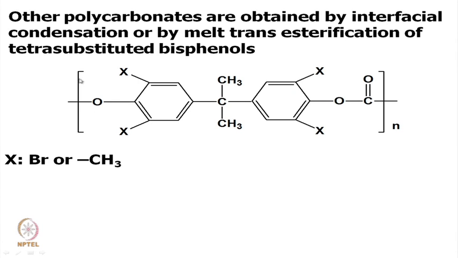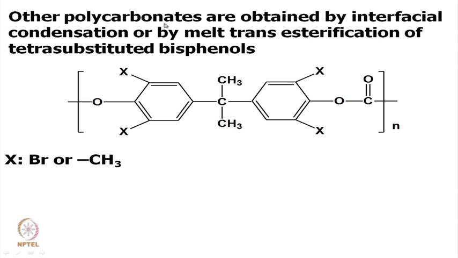Now, there can be other polycarbonates as derivatives, say bisphenol A derivatives. Functional groups can be attached to the phenyl ring of bisphenol A, and the product will be a polycarbonate, but different from normal bisphenol A polycarbonate.